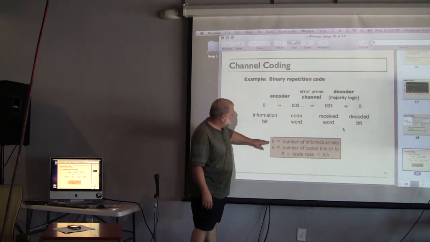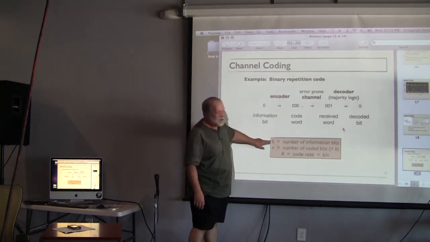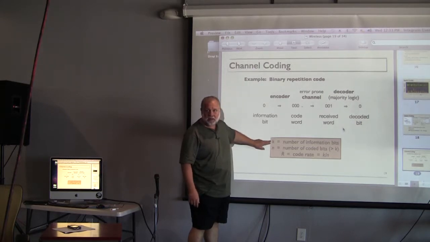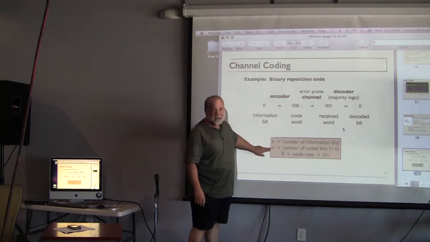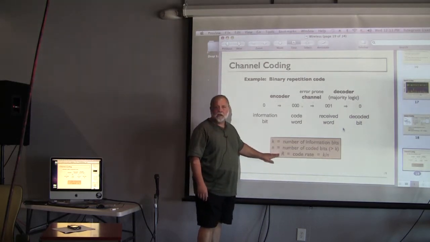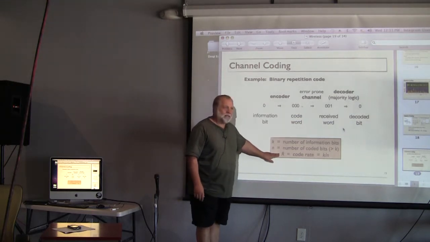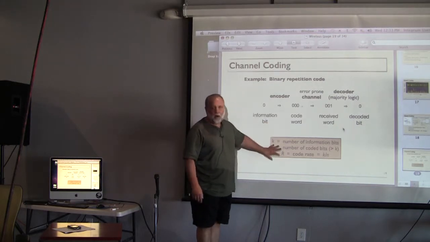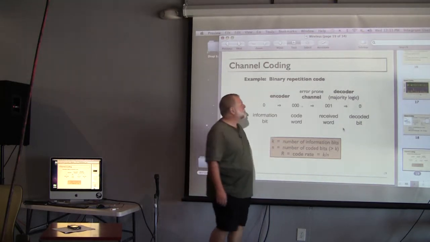And so K is the number of information bits that you're transmitting in each block. N is the total number of coded bits that you encode. And R, which is the key, is the code rate. So that's the number of information bits per coded bit. And in this case, it'll always be less than 1. Okay?